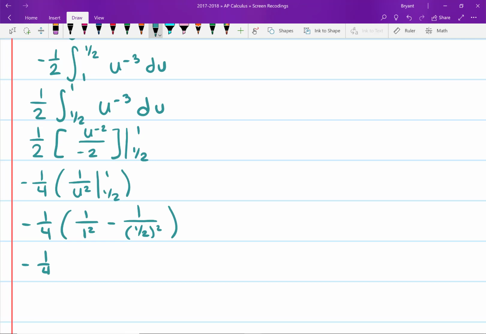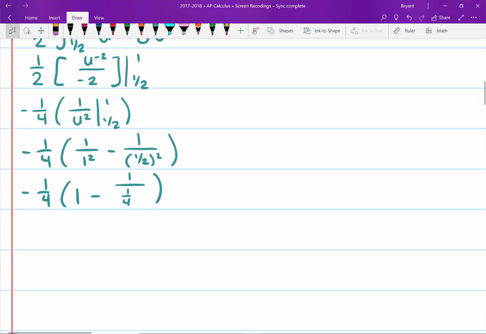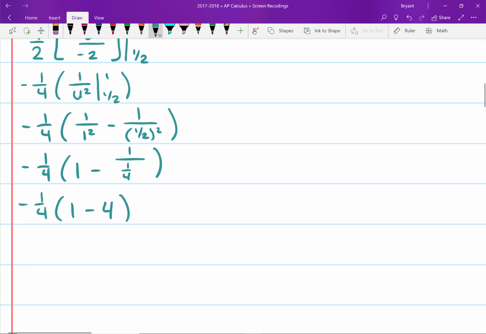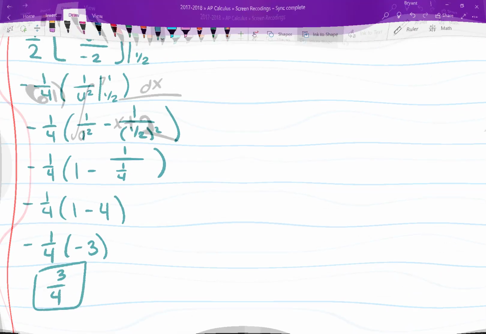So negative 1/4, 1 minus 1 divided by 1/4. So this is negative 1/4, 1 minus 4, because 1 divided by 1/4 is 4. So this is negative 1/4 times negative 3. And I'm going to get positive 3/4 as my answer. Nice, easy cosine integral that looked kind of messy in the beginning.